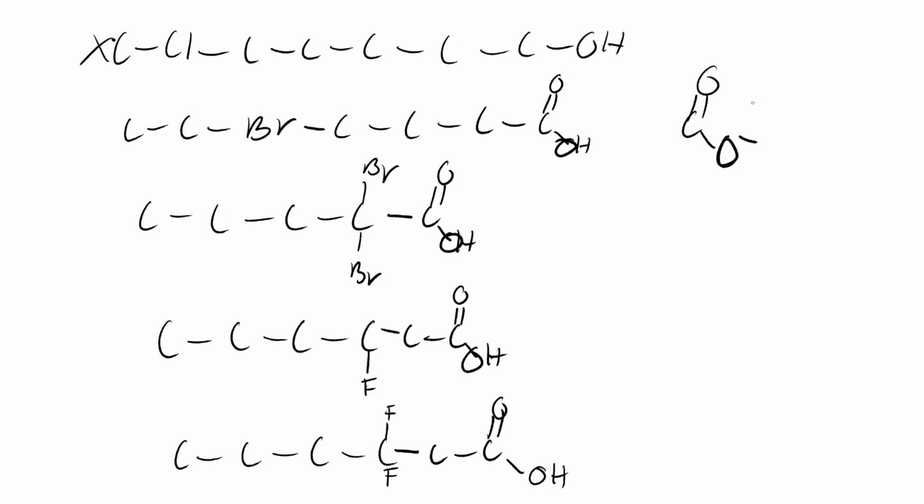Resonance makes it more stable, and a stable conjugate base means a more acidic acid. Oxygen with the carbon and a hydrogen doesn't have any resonance. They're both the same electronegativity, but they don't have resonance. So this would be the weakest acid out of everybody else. So we eliminated answer choice A.